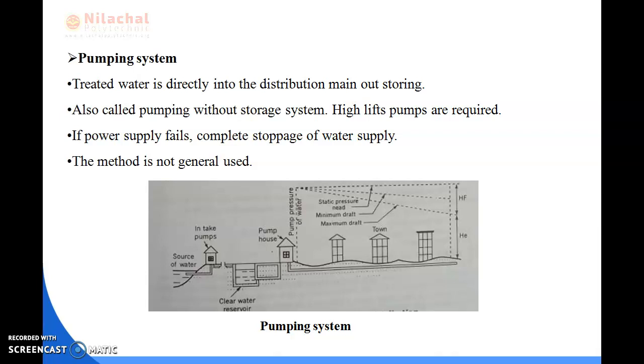And if the power supply fails, then the whole process will be stopped. And this method is not generally used in our city. Okay, you can see here this is the source of water, and this is the pump, and this is the clear water reservoir, and then it is distributed to the town or the city.